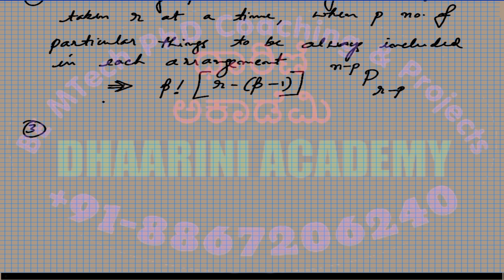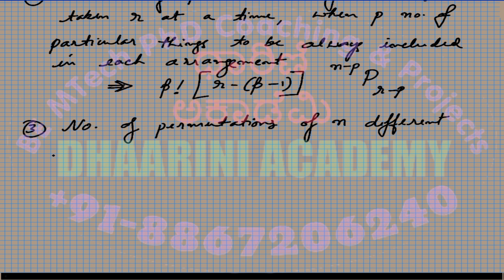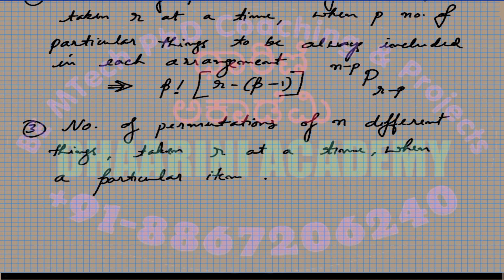Then the third point is that the number of permutations of n different things taken r at a time, when a particular item is never taken.